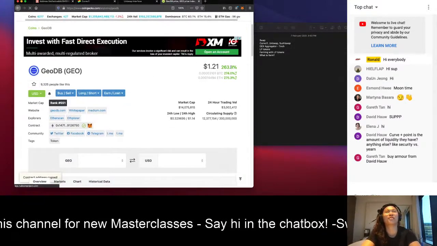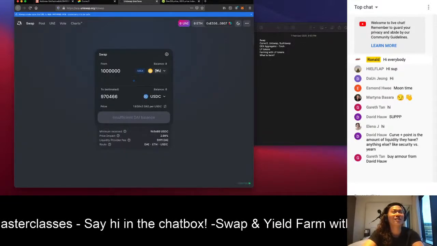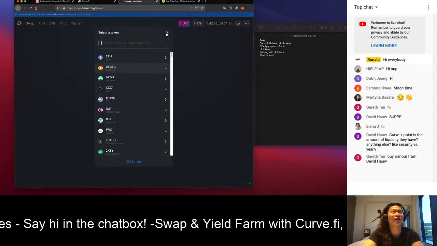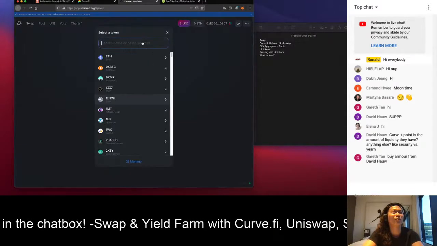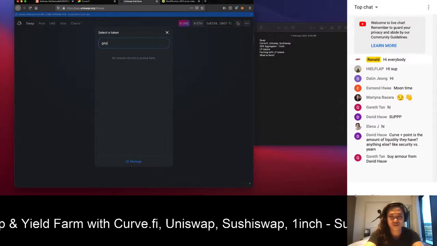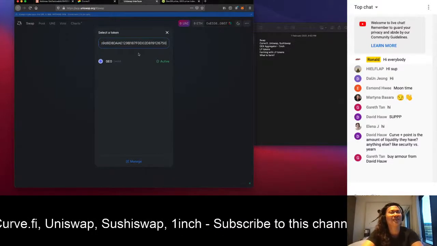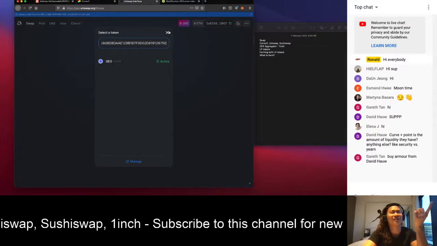Wow, welcome to crypto. And then you want to buy GeoDB. So I want to buy Ethereum. I want to swap it to GeoDB because it's been mooning so much. You type GeoDB. Oh, it's also here.